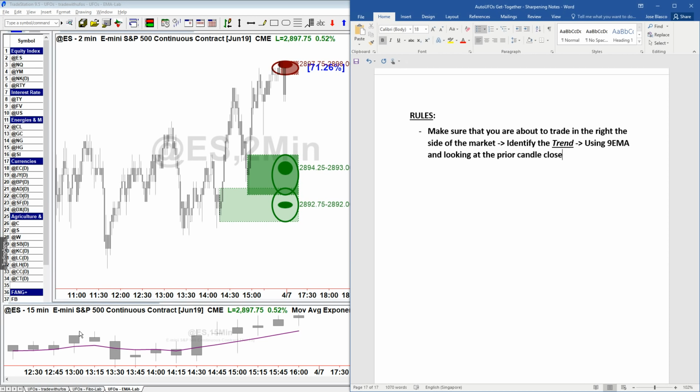Okay. Also, TradingView will give you 4 red UFOs and 4 green UFOs maximum, because of how TradingView draws things on the screen, there is a limitation on how many objects you can have on the screen.